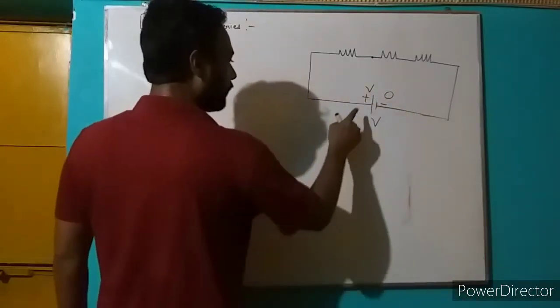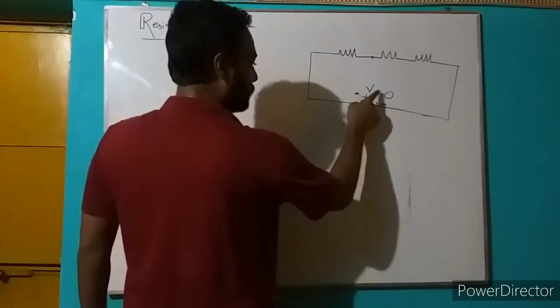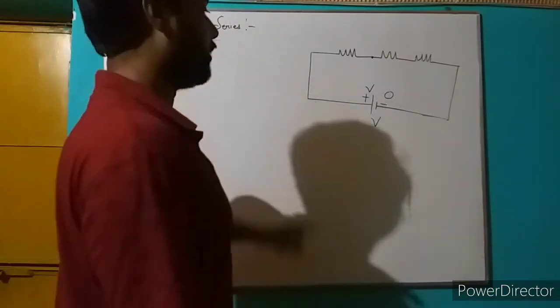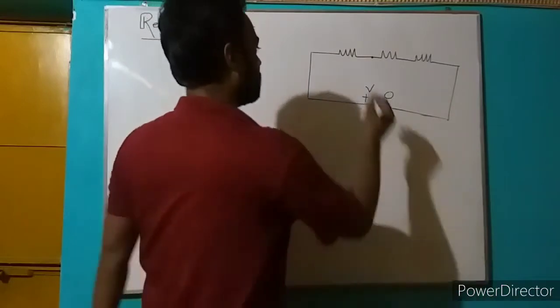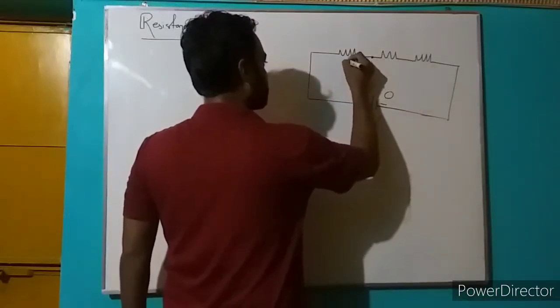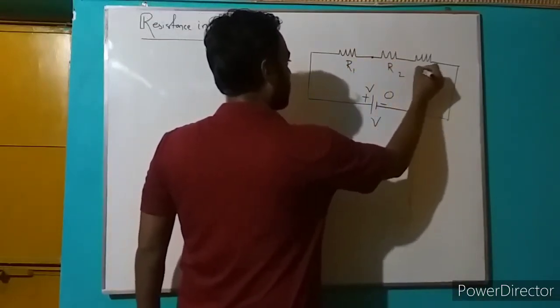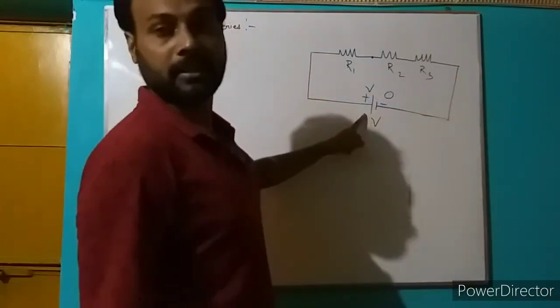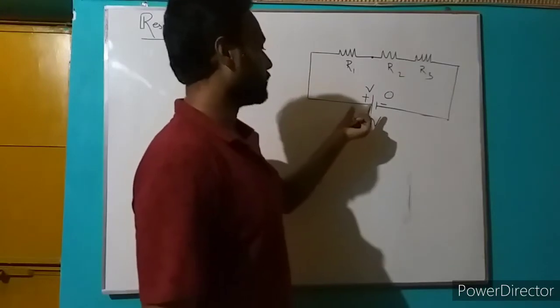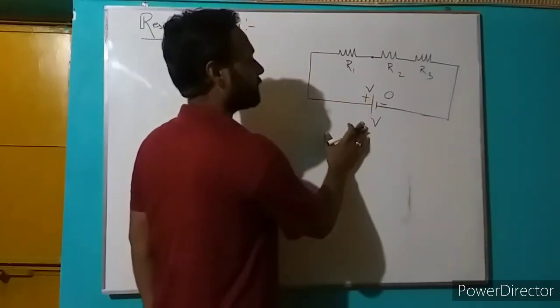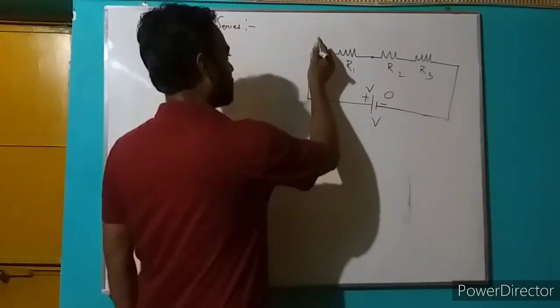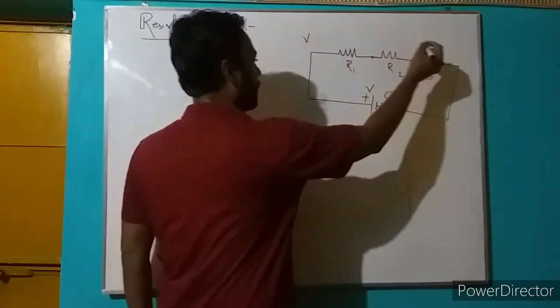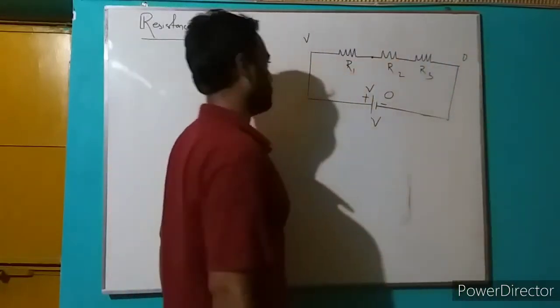That's why, due to applying the cell to the given resistors, represented as three resistors R1, R2 and R3, connected in series to the cell, the cell has potential difference V volt. That means one end has V volt and the other end has 0 volt.